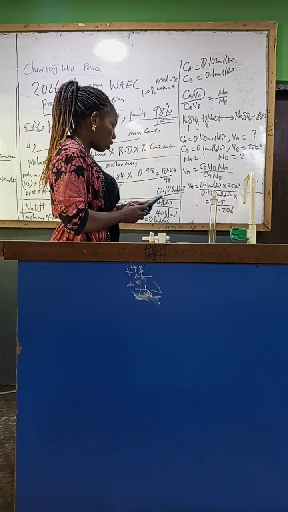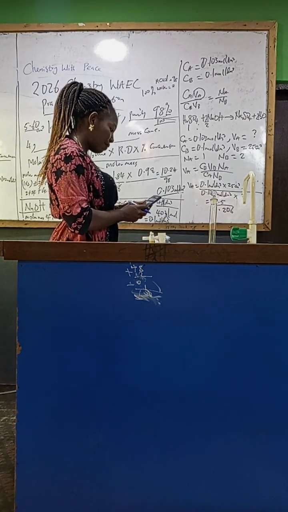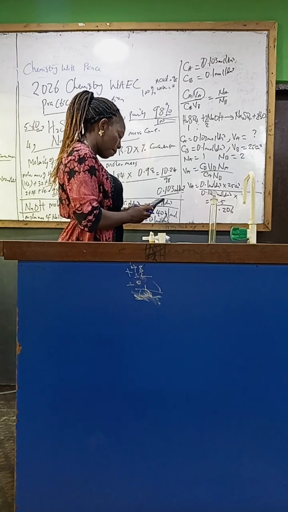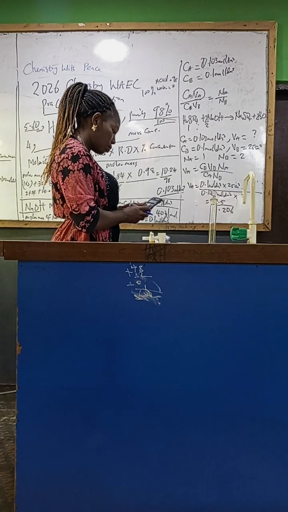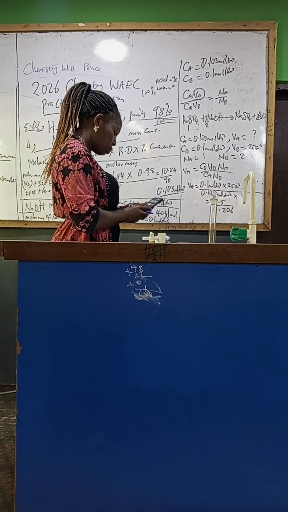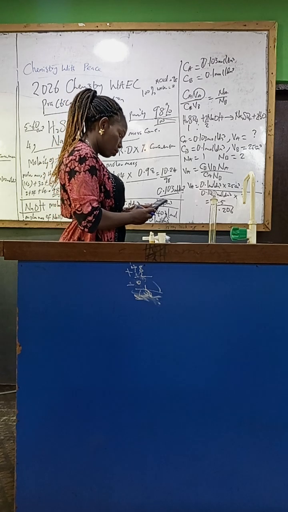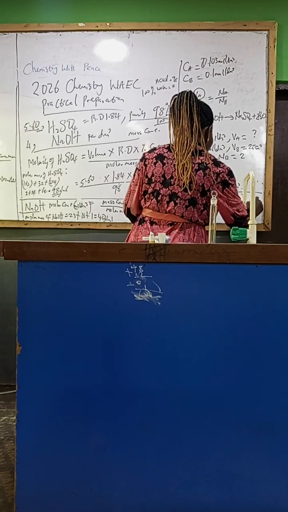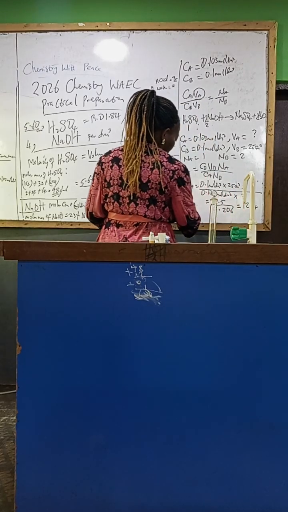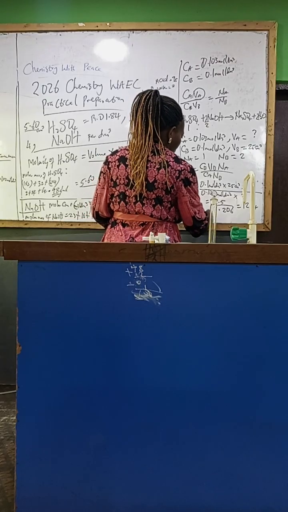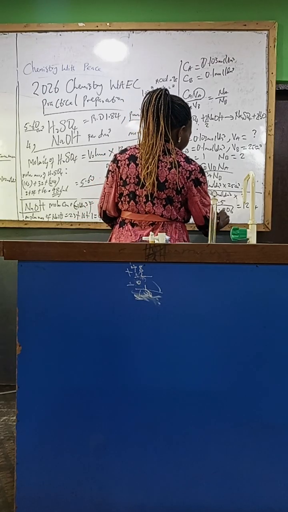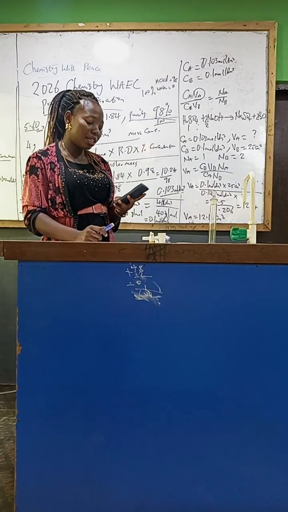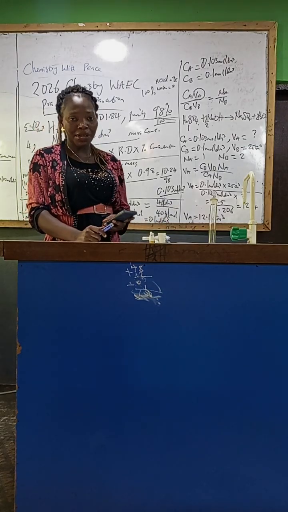So we are going to have 2.5 divided by 0.206, and that is giving us 12.14. So our Va is equal to 12.14 centimeter cube. So this is to say that the volume of acid is 12.14 centimeter cube.